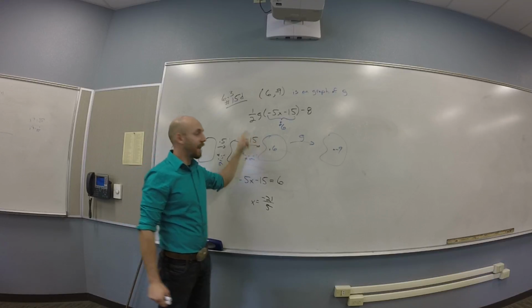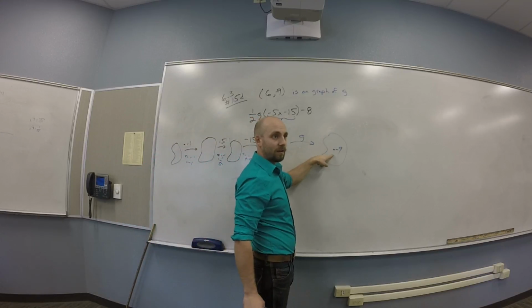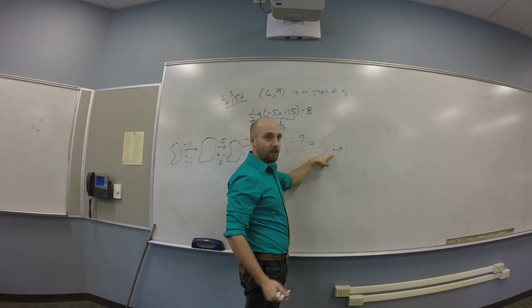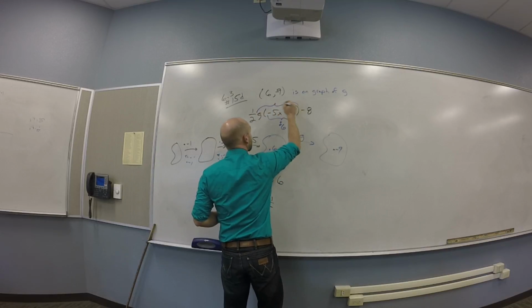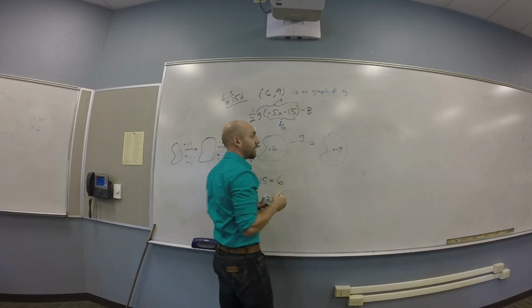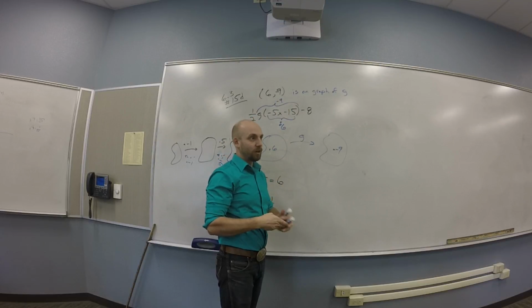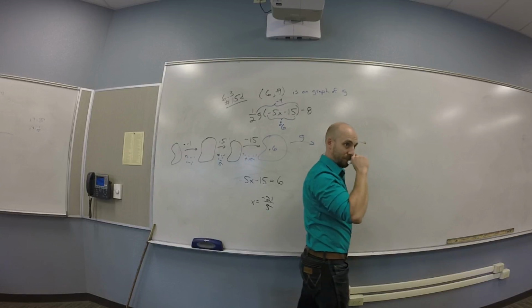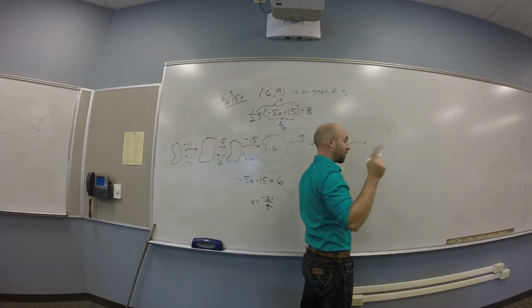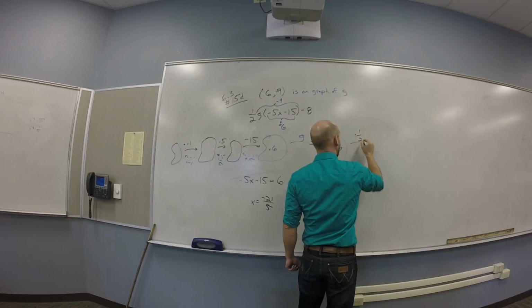And then out of that, I'm going to get negative 9, right? So that's going to give me this whole part, right? g of all this stuff is negative 9. And then what are your two steps in your bubble diagram after? Multiply by a half.